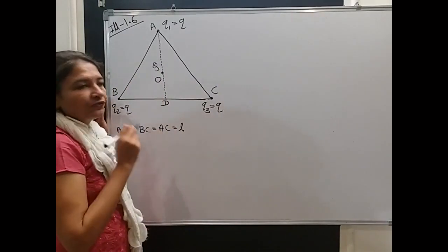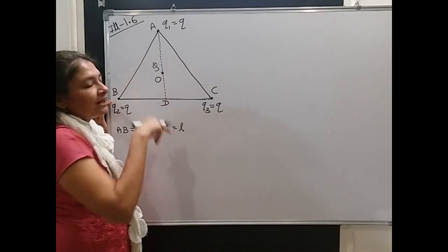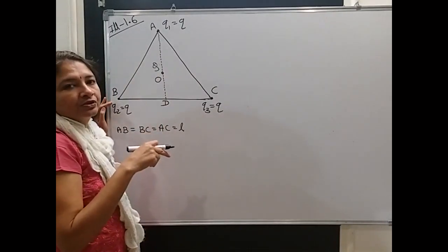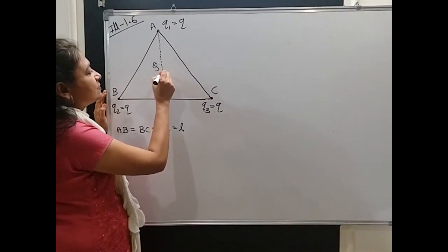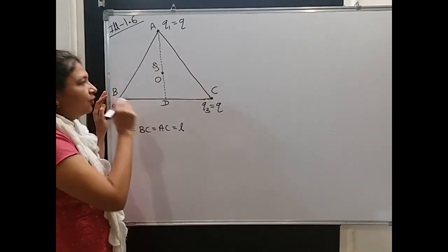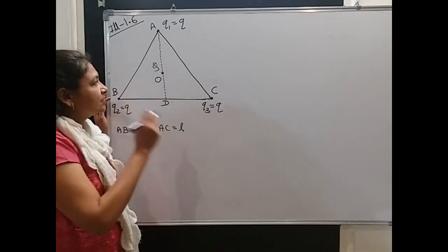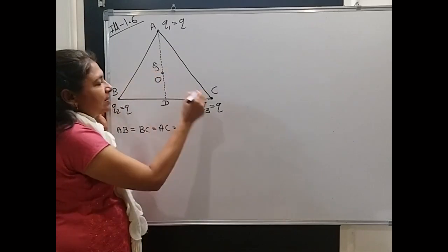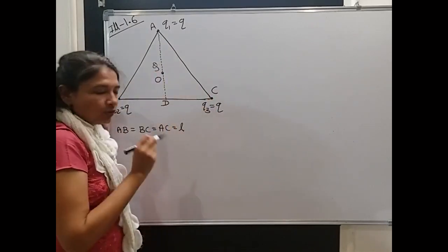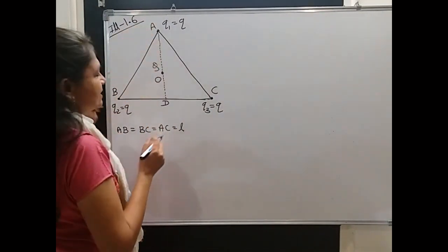Now to find the net force I have to use the principle of superposition. So to use the principle of superposition I must have the value of each force. And to find the value of each force I must have the distance between A and O, between B and O, and between C and O. Here you know that AD is the median.